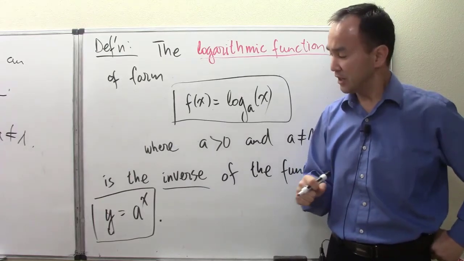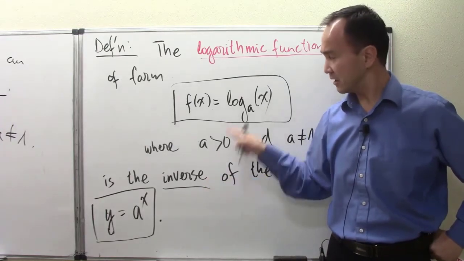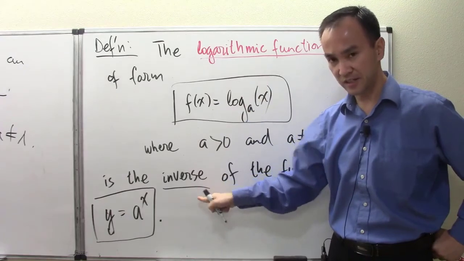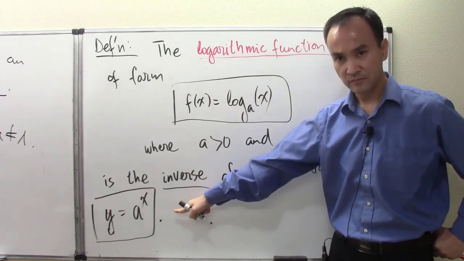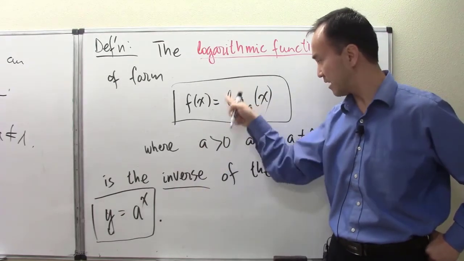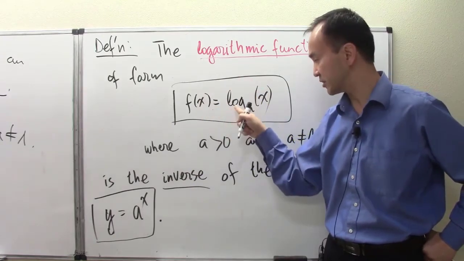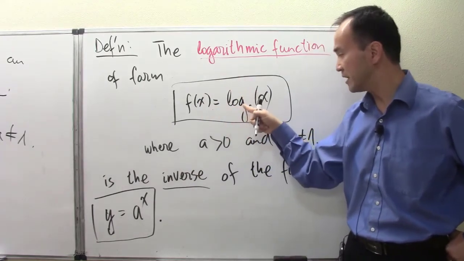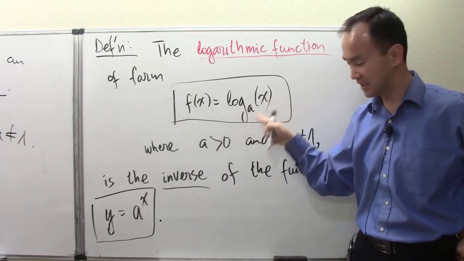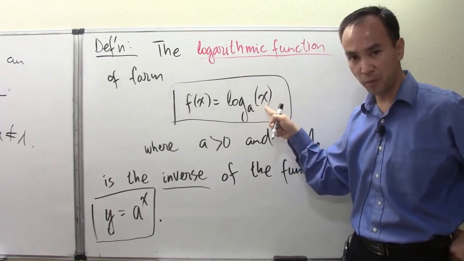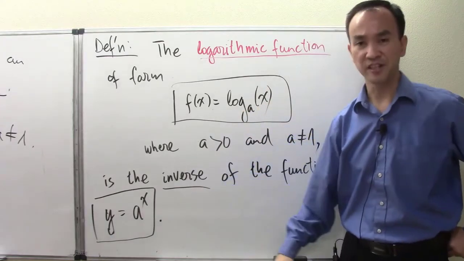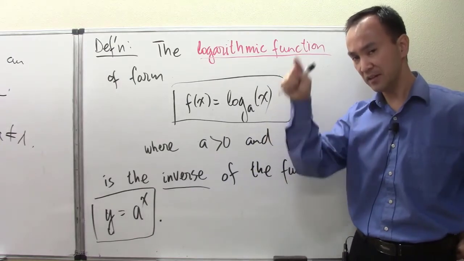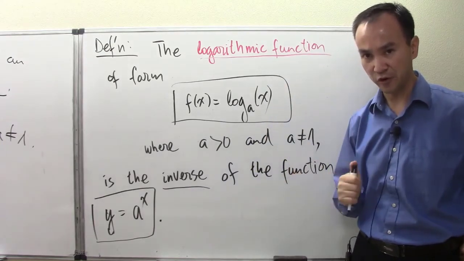And so now we clearly understand that a logarithmic function is the inverse of some exponential function. Right now it's just the basic, simple case. It's just going straight into taking log base a of an input. Then that log base a of an input must be the inverse of a to the x as an exponential function.